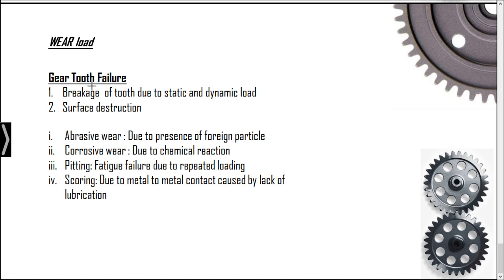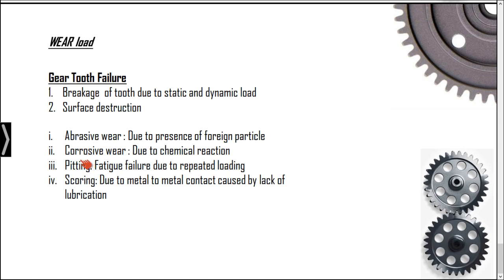Wear load in a gear failure can happen due to breakage of the teeth due to the static or dynamic load, and also the failure can happen due to surface destruction. All of this happens because of any of these four reasons. It can be abrasive wear, due to foreign particles coming in between the gear teeth through the lubrication or a contaminated atmosphere.